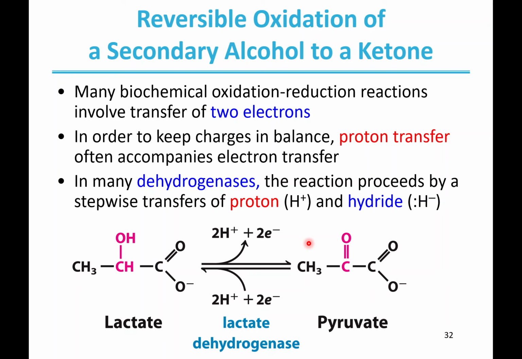What's happening, looking at this in specifics, is we're losing 2 electrons. If you count up the oxidation states in both of these, you'll notice lactate has 2 more electrons, 2 more negative charges.